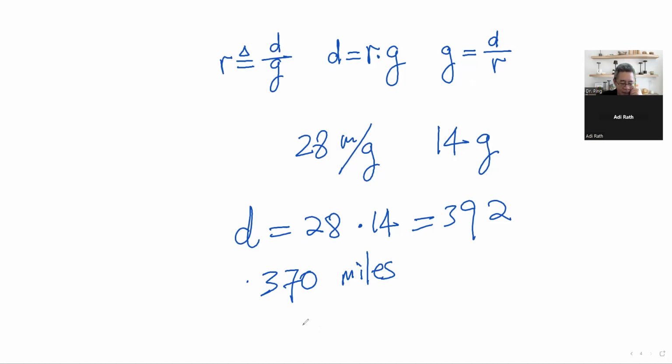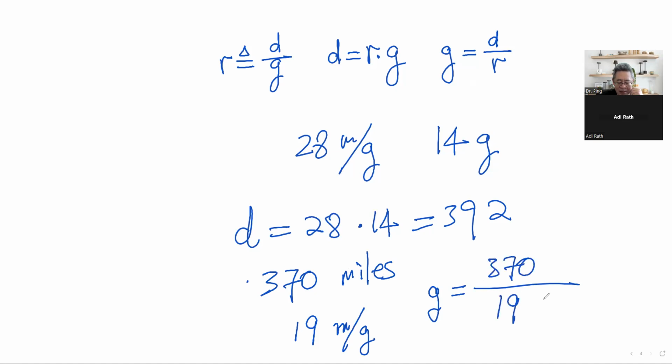Let's say only about 19 miles per gallon. So therefore, we know the number of gallons we need is the distance, 370, divided by that. On this one, we pretty much just keep it like this because we don't know which stage it can run to. Okay, are we good?